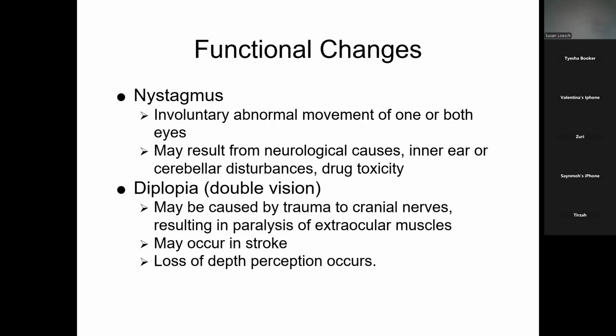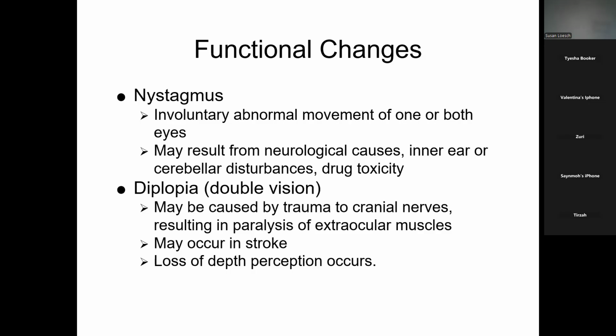Nystagmus is involuntary abnormal movement of one or both eyes, and it could be a jerky back and forth movement or circular motion. It can come from neurological issues. Sometimes we'll see clients having seizures doing this. It can come from cerebellar or inner ear disturbances, or from drug toxicity as well. Diplopia is double vision.